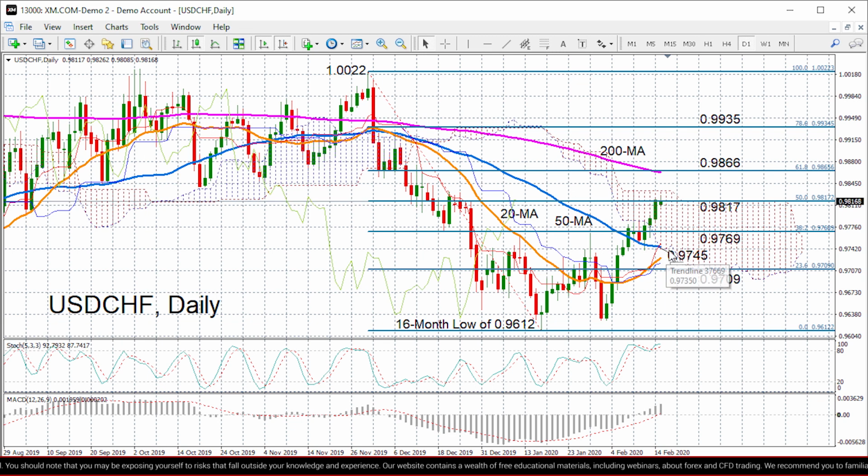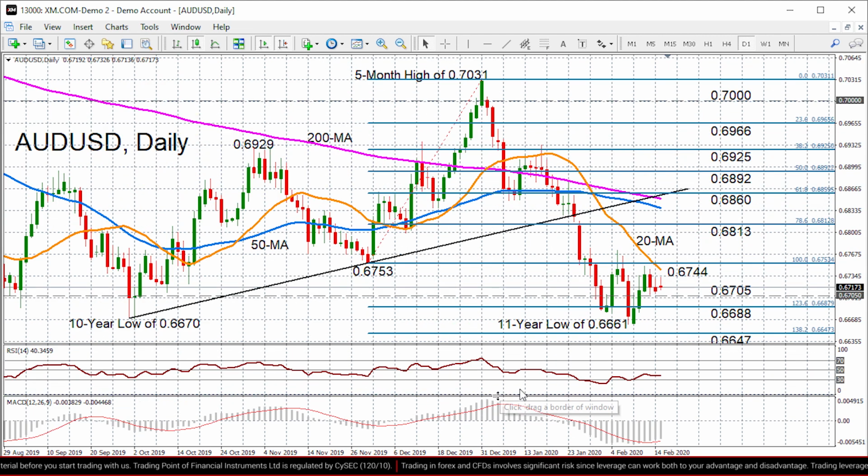So slipping below those levels would risk shifting the focus back to the downside, and then prices heading towards the 0.97 handle near the 23.6% Fibonacci before the bears aim for that 60-month low of 0.9612, which we saw earlier in January.